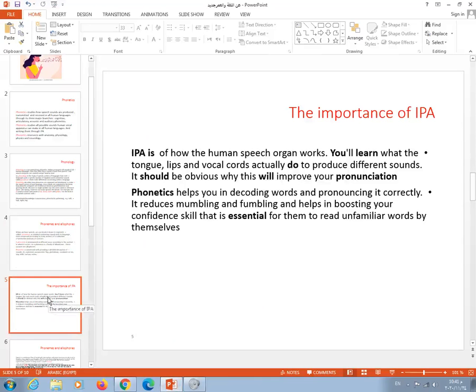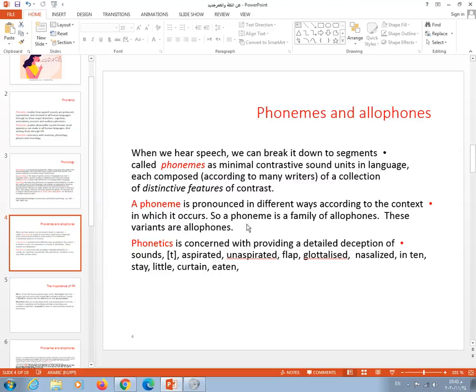Okay, let's go to the phoneme. When we hear speech, we can break it down into segments. So phonemes are segments, small units, and they are the minimal contrastive units.